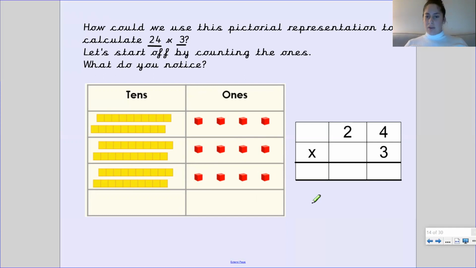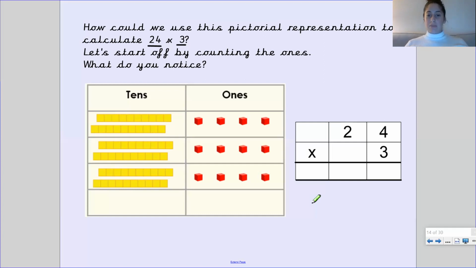Why is something not right? Why is it strange to have 12 ones in the ones column? Well, we can't have a 2-digit number in the ones column. So we can't have 12 ones in the ones column. Who remembers how many we can have in the ones column?